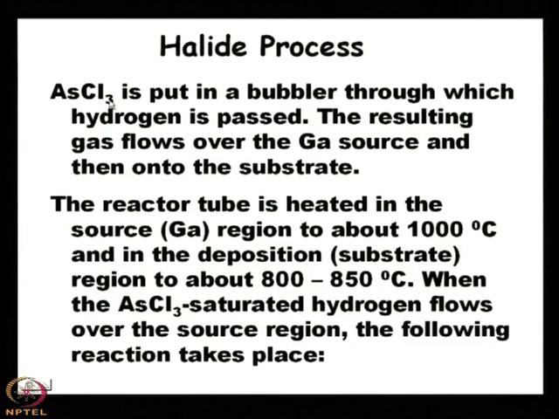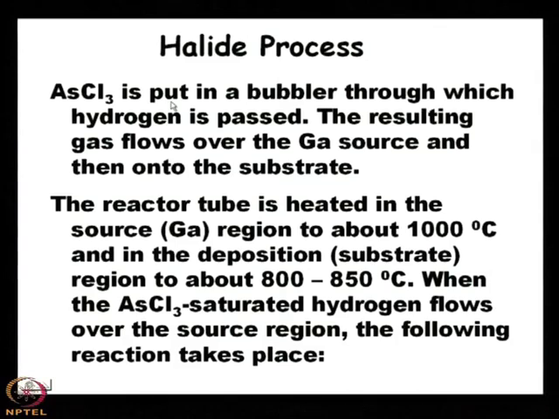What is AsCl3? Arsenic chloride. So, it is a halide, okay? A halide of group 5, because arsenic is in group 5 of the periodic table. And you can ask me, sir, why AsCl3? What is the speciality of AsCl3? There is no speciality except that it is a high purity liquid.